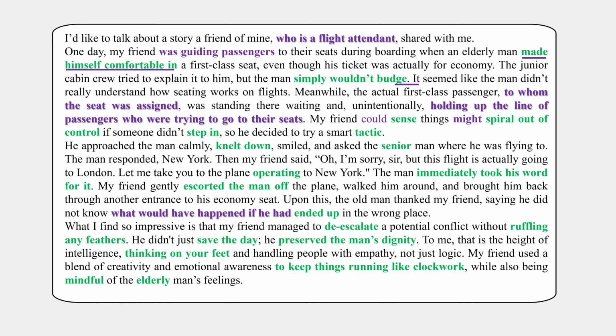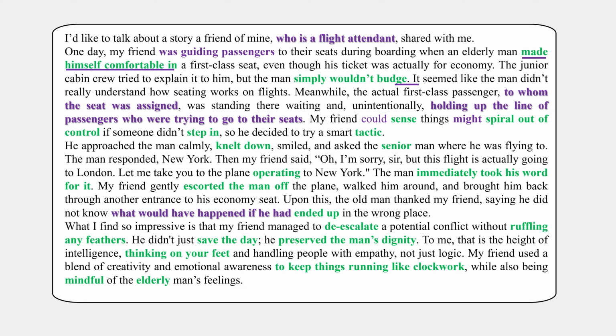So the more you can use relative clauses, the better your score will be. Okay, so we've got who is a flight attendant. And instead of saying, my friend actually works as a flight attendant and he shared the story with me, I started with, I'd like to talk about a story a friend of mine who's a flight attendant shared with me.